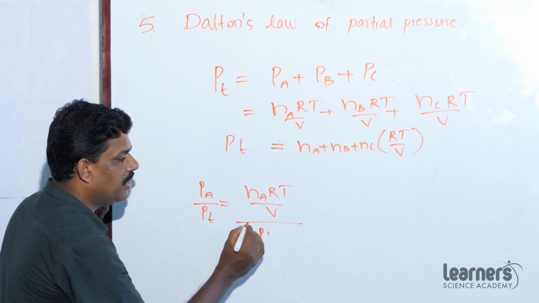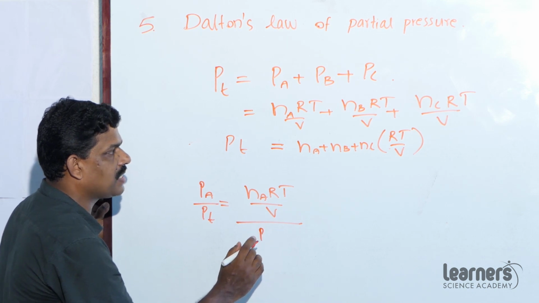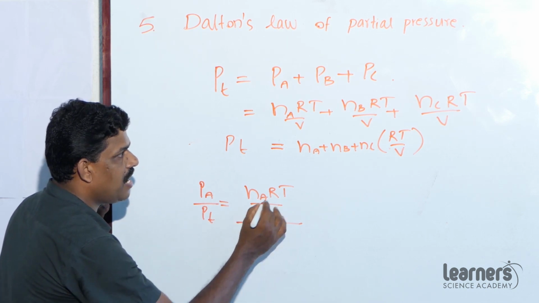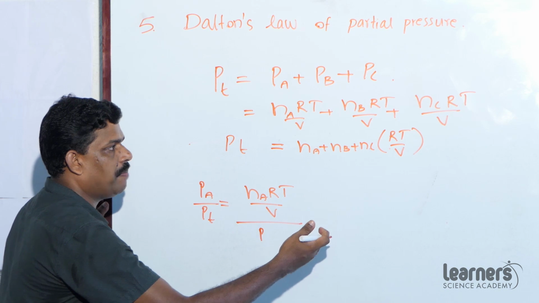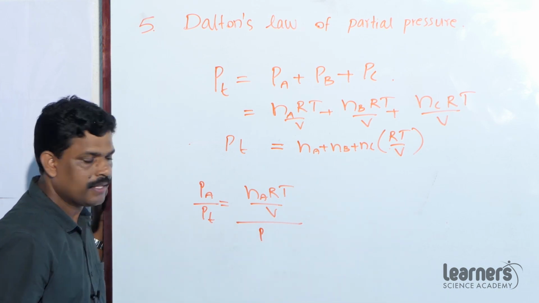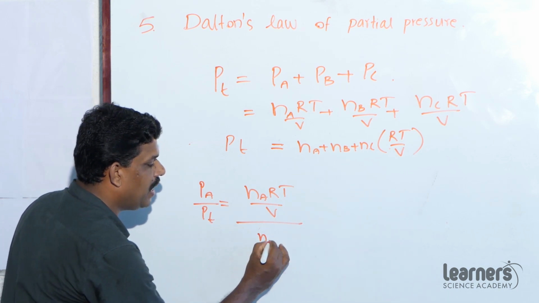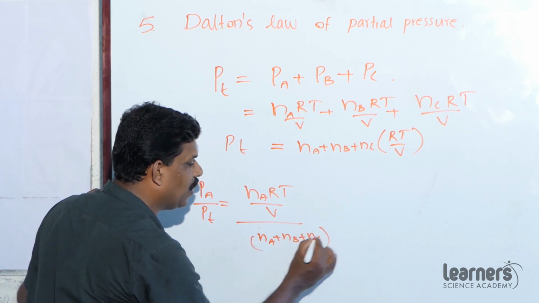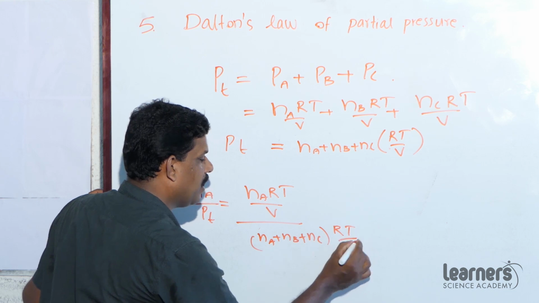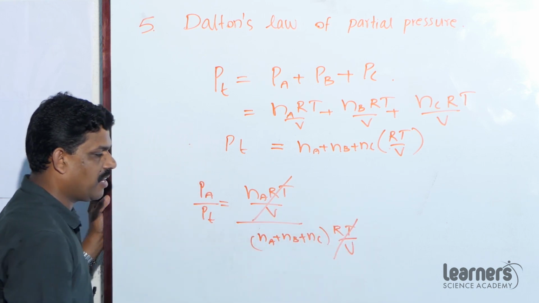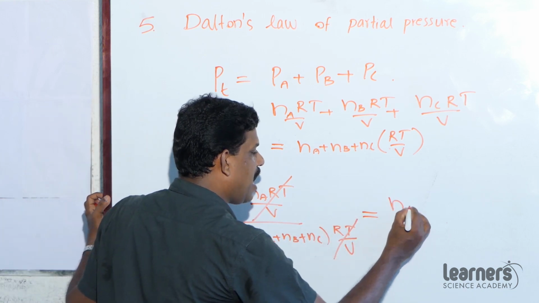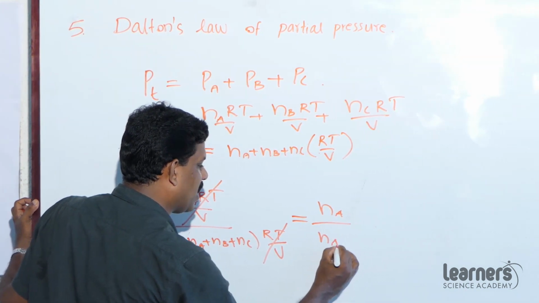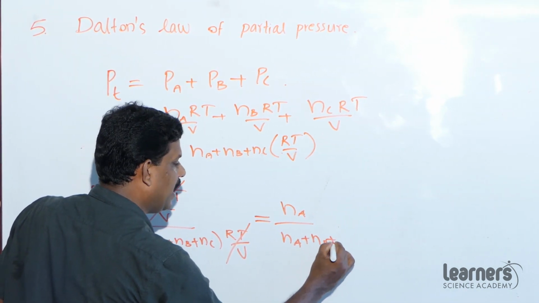That is nA RT by V divided by (nA RT by V plus nB RT by V plus nC RT by V), which is equal to nA RT by V divided by (nA plus nB plus nC) into RT by V. By cutting the common factors, we have nA by (nA plus nB plus nC).